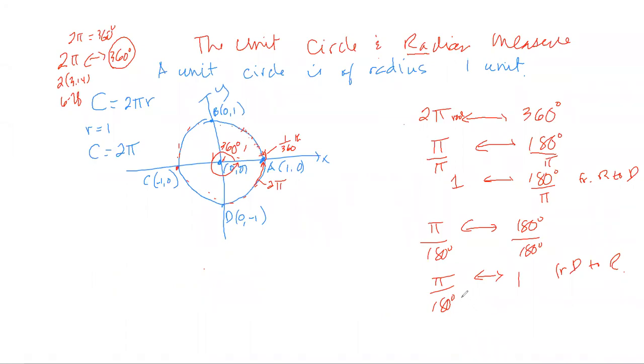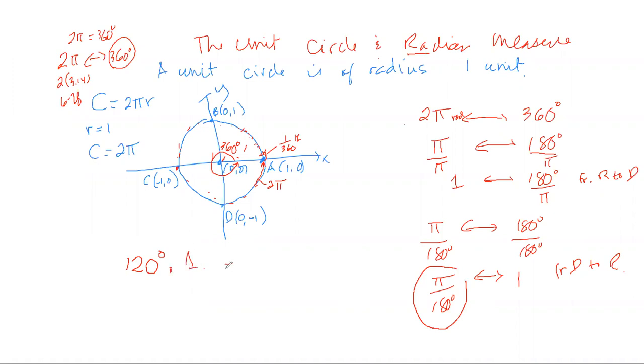So this should be the conversion factor, degrees to radians. So let's say 120 degrees, and I want to convert that to radian measure. So I'll just multiply this by 1.